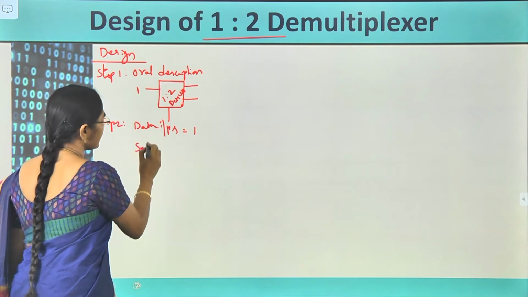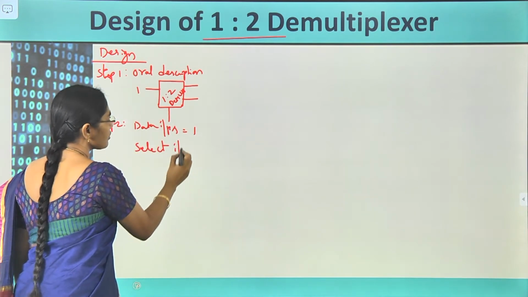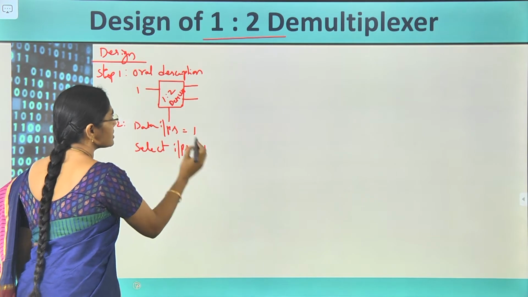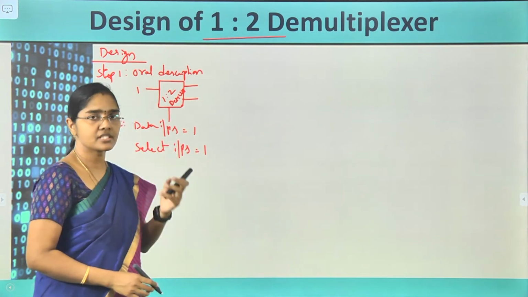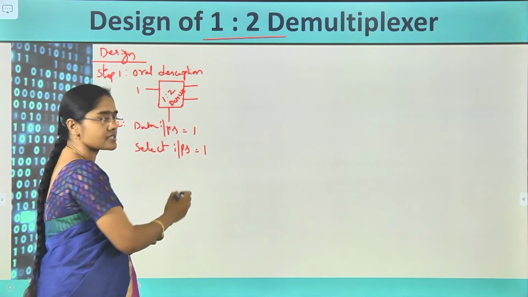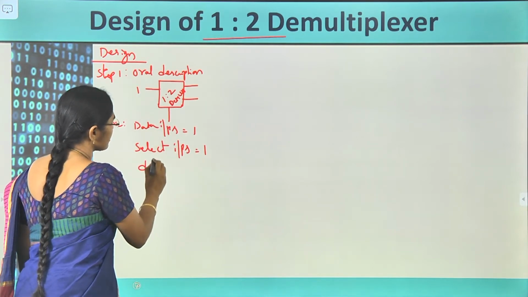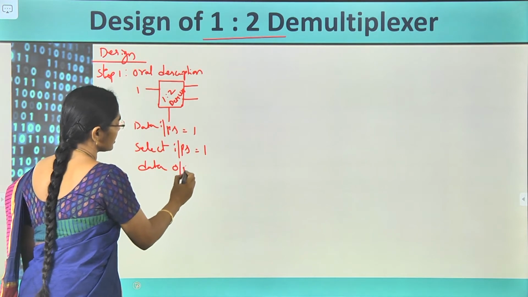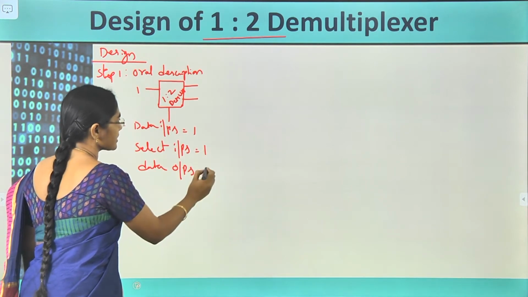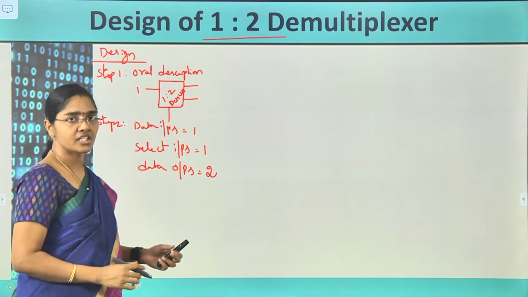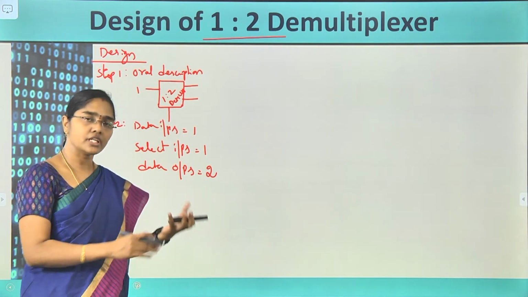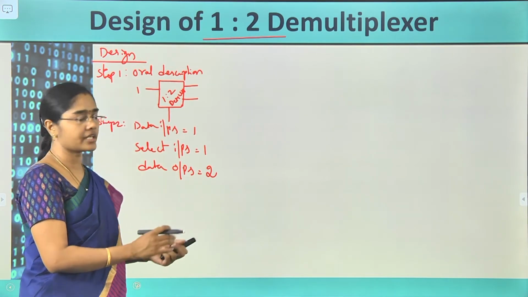And select inputs are also 1, because the 1:2 demultiplexer has one select signal. And then data outputs: data outputs are 2 power select signals, so 2. Identifying the number of inputs and outputs is the second step.